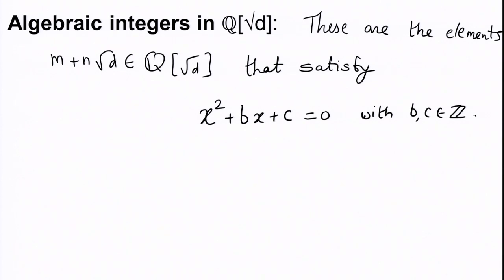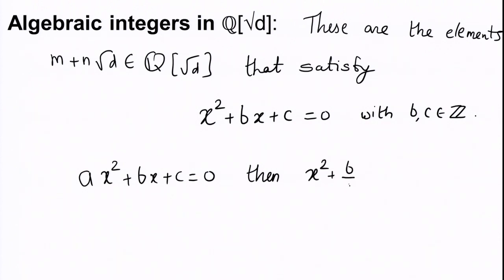Now, we have observed that any element in Q root D is going to satisfy an equation of the form a x square plus bx plus c equal to 0, and if we are taking the element to be some non-zero number, here the a is clearly non-zero, then we can divide by a and we get x square plus b by a x plus c by a.